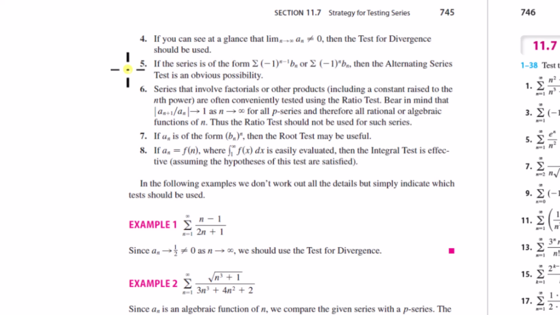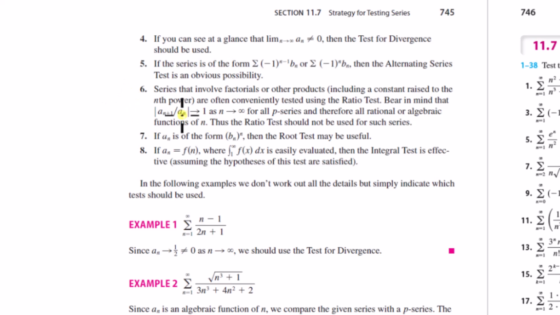There are other tests you can do. You could always take the absolute value and do a test for absolute convergence, take the absolute value and do a comparison test, or like the ratio and the root tests are based on the absolute value as well. And so you could use those with an alternating series. But still, for any alternating series, the first one you should think about is the alternating series test.